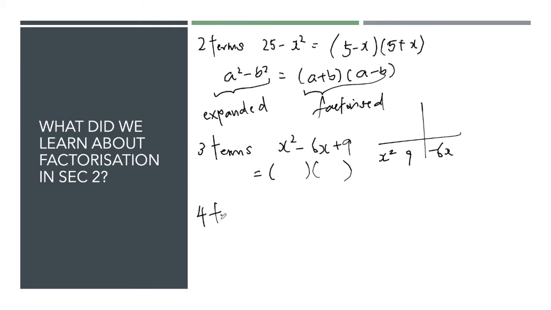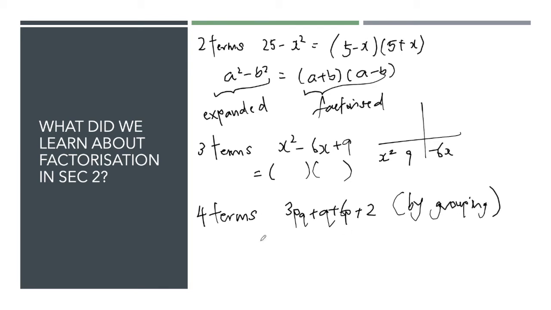And if you're given 4 terms, for example, 3pq plus q plus 6p plus 2, then please take note, this is not a quadratic equation, but this is what you had learned to factorize last year. So this is factorization by grouping.